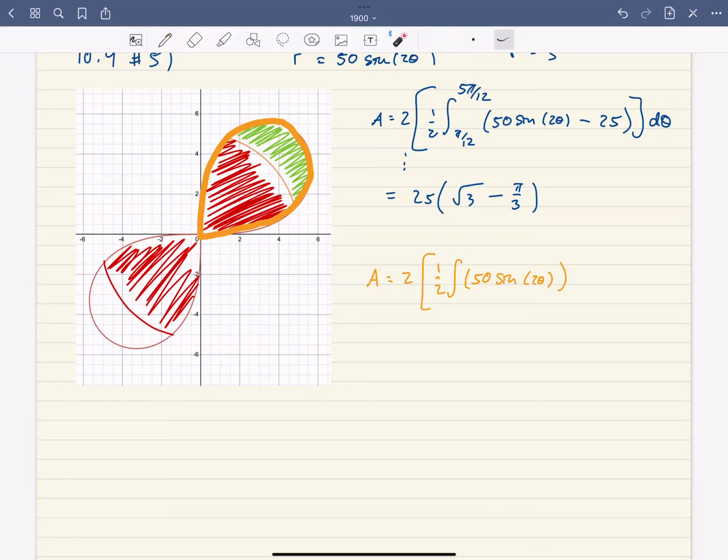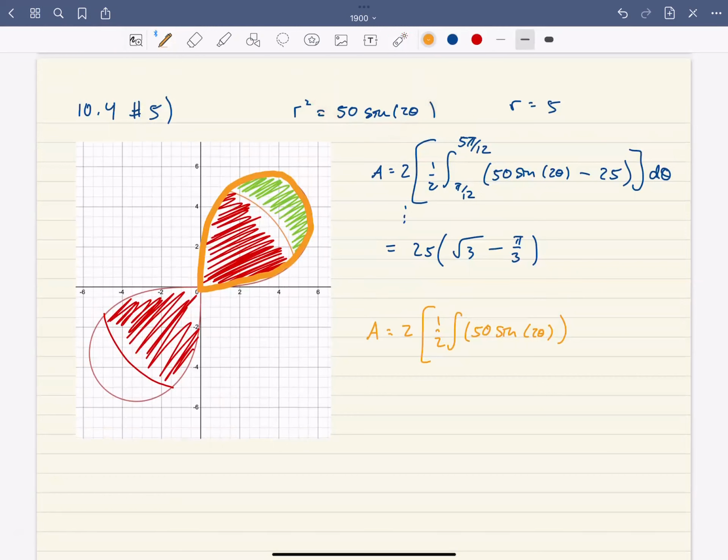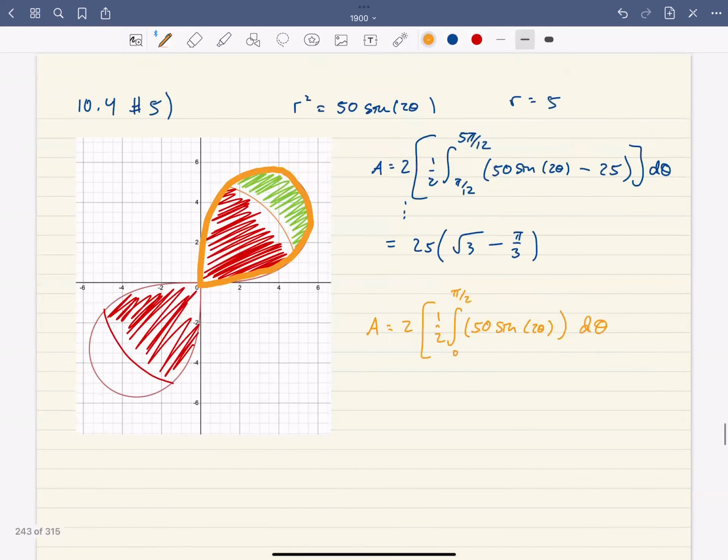And notice this goes from theta equals 0 to theta equals pi over 2, because at pi over 2, it's going to come back to 0. If you plug in pi over 2 here, you'll get r equals 0 again. This will go from 0 to pi over 2 d theta.